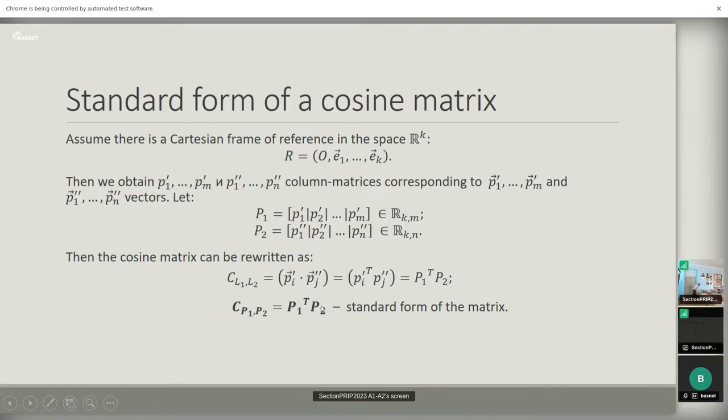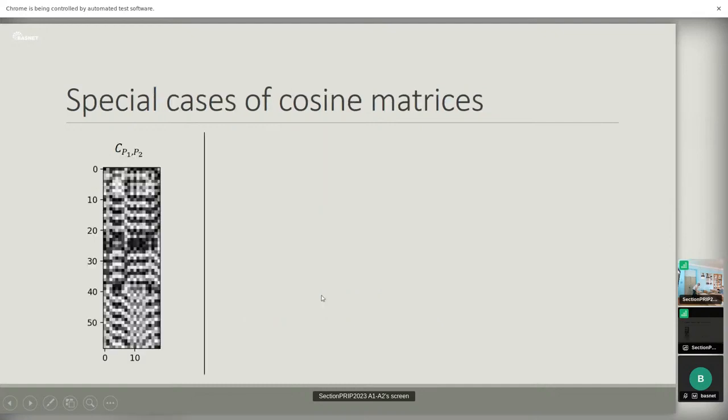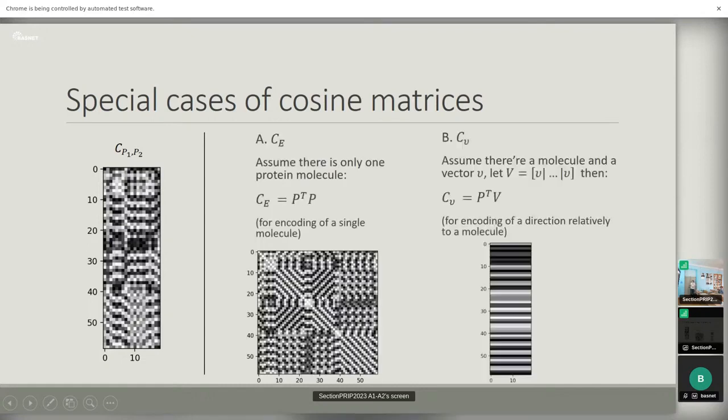This form is very helpful because we can apply linear algebra to it. I would say a few words about two special cases of these matrices. This one on the left is a more general one, rectangular, and it encodes two polylines.